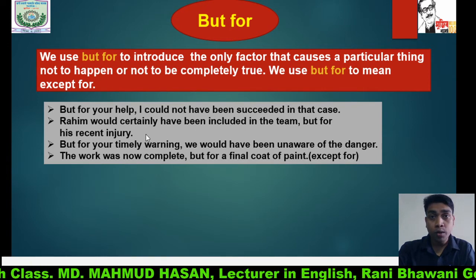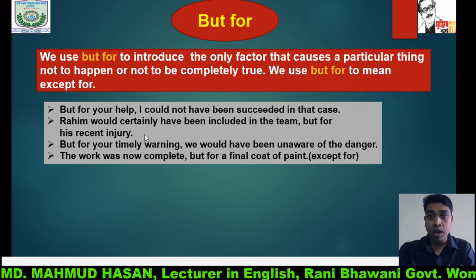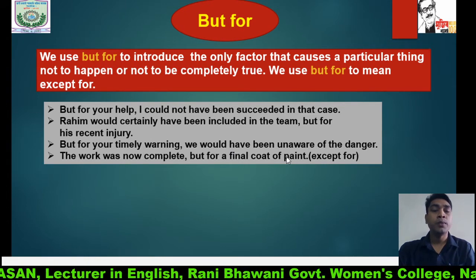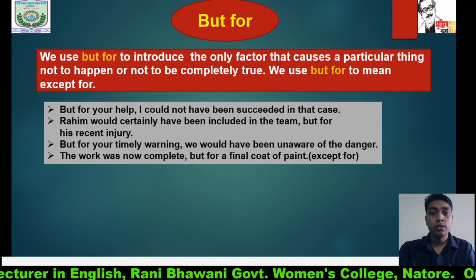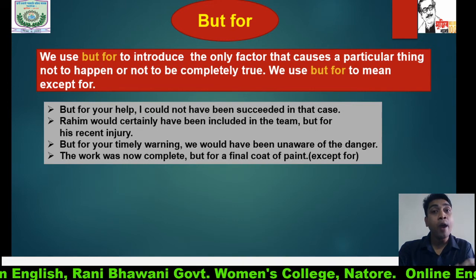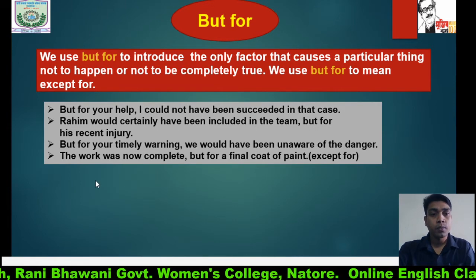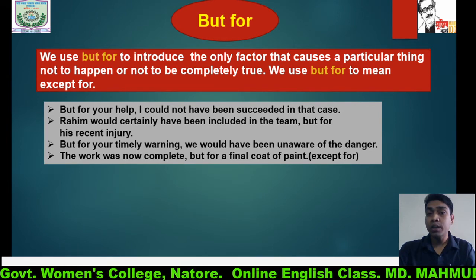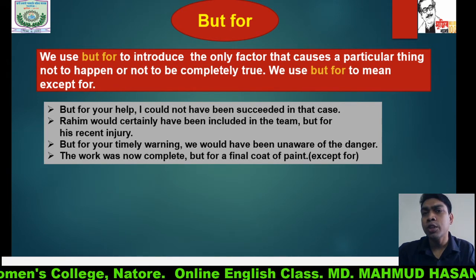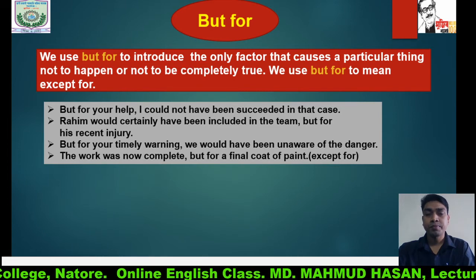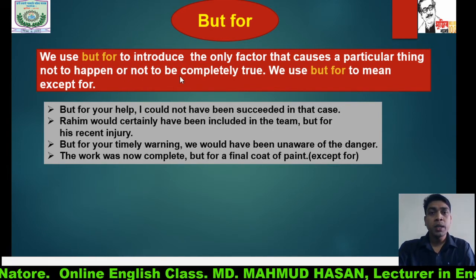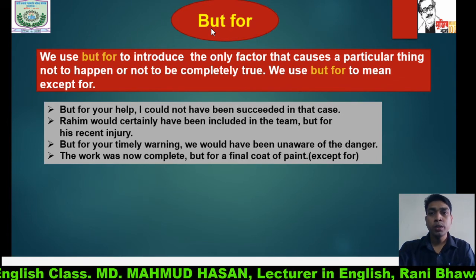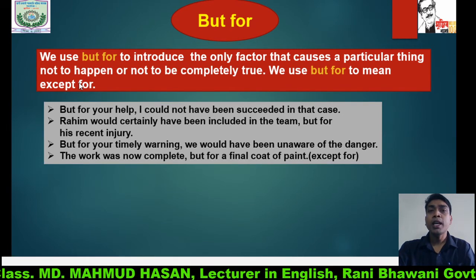Without your timely warning, we would have been unaware of the danger. That means we are aware right now. The work was now complete, but for a final coat of paint. So, my dear students, this phrase but for is used to mean except for.